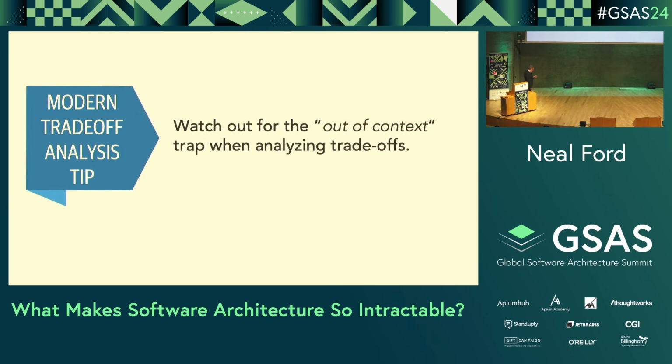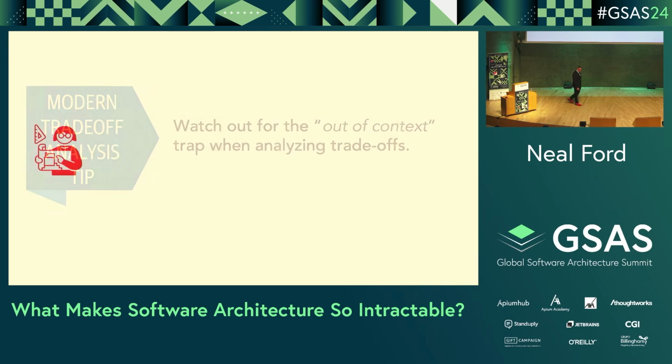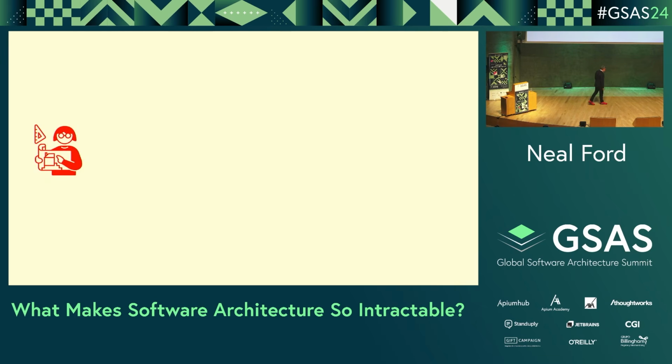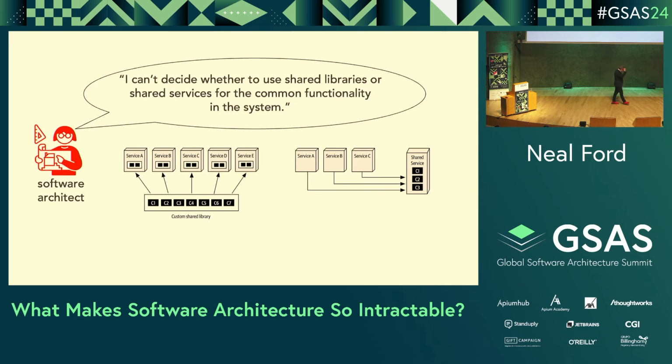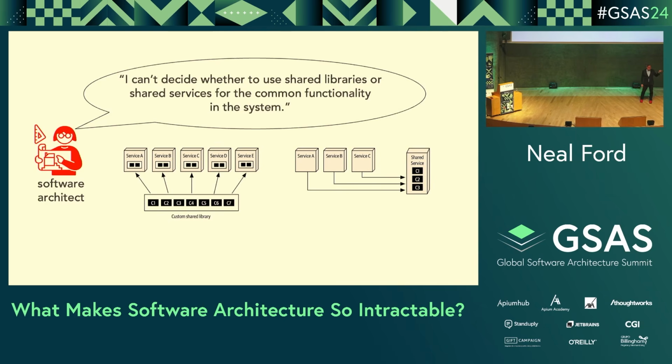And this is a common trap to try to avoid, the out-of-context trap when you're analyzing trade-offs. I have a software architect here who says, I can't decide whether to use a shared service for the common functionality or a single shared library. A single shared library gets compiled into each of the services, whereas a shared service uses inter-service communication.